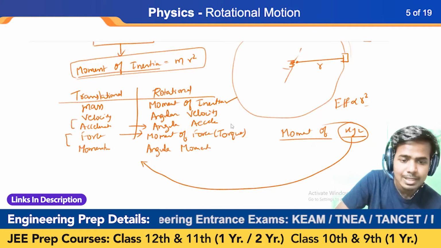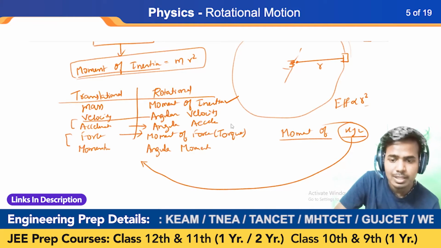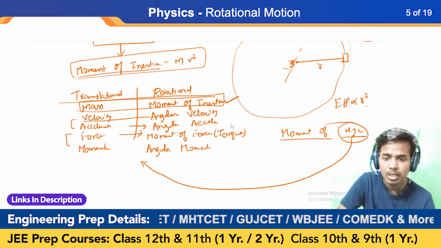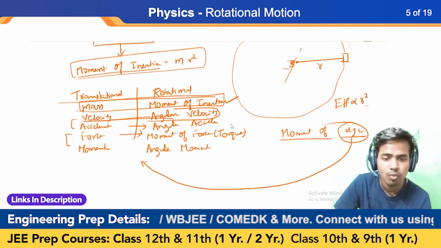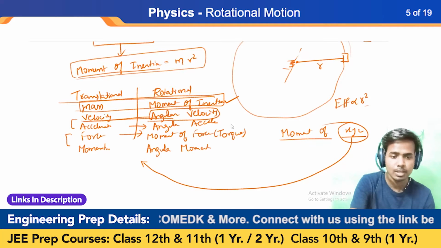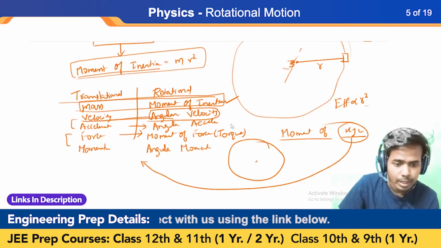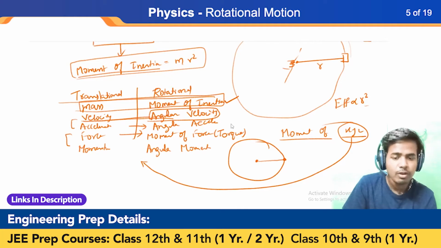I have already discussed this one. Let's discuss the velocity. Of course, we will be discussing this in more detail in the later part, but let me just give you the idea of angular velocity. You already know what velocity is. Let's say there is this circular motion in which there is this particle. Now, how do we define velocity?